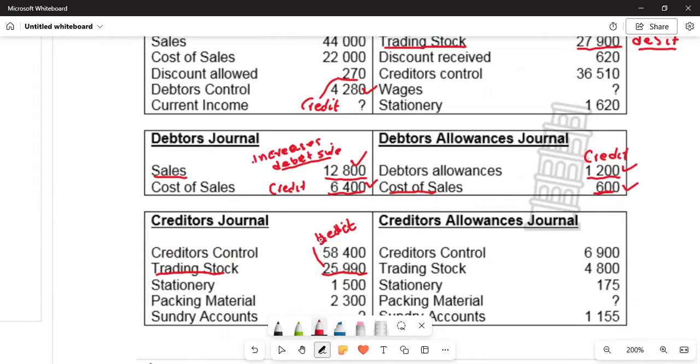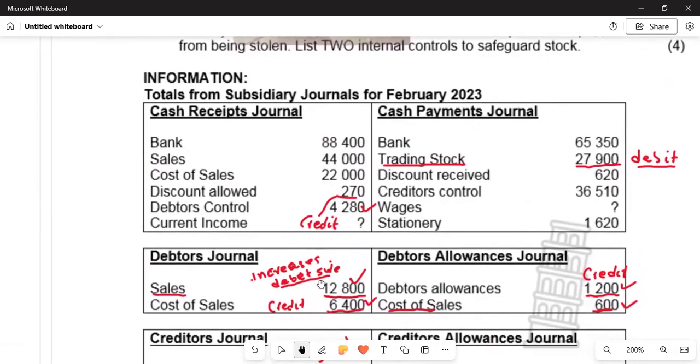Also, we are going to have cost of sales from cash receipts journal, which is 22,000. As well, it's going to go on the credit side of our trading stock. So cost of sales from our cash receipts journal: stock sold for cash. Stock sold for cash leaves the business. So that decreases our stock on the credit side.